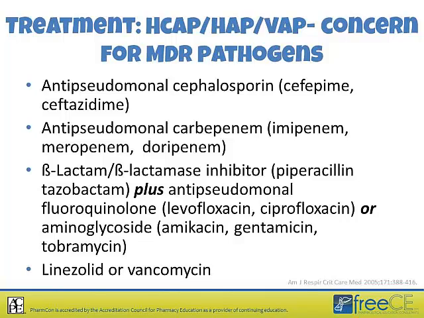Ceftaroline's claim to fame is that it gets MRSA coverage. It's considered a fifth-generation cephalosporin. It does not cover Pseudomonas. It's not great for multi-drug resistant gram-negative bacilli, but it does cover MRSA. So it's not an unreasonable choice for community-acquired pneumonia.